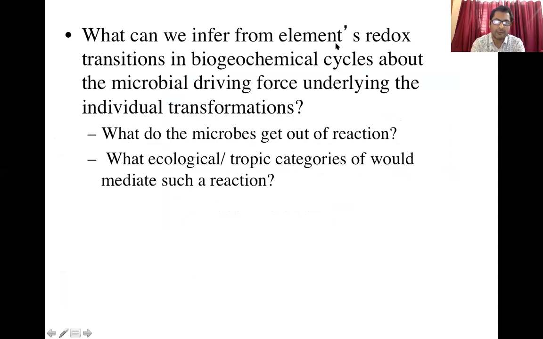In the last, what can we infer from elements' redox transitions in biogeochemical cycles about the micro driving forces underlying the individual transformations?